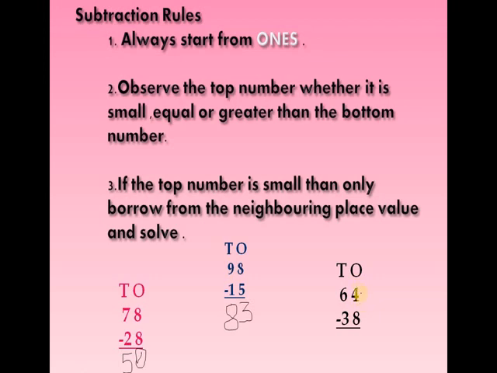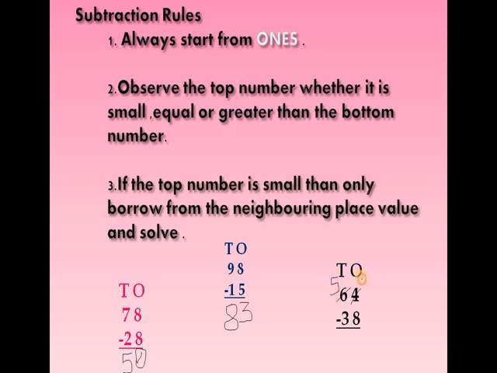Now the third one where the number is small. The top number is small, so we need to borrow from tens. I'll cut this 4, I'll cut this 6 also, and this 6 is going to give 10 to ones place.